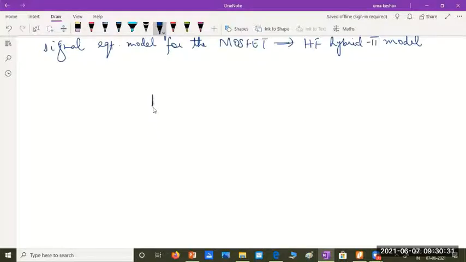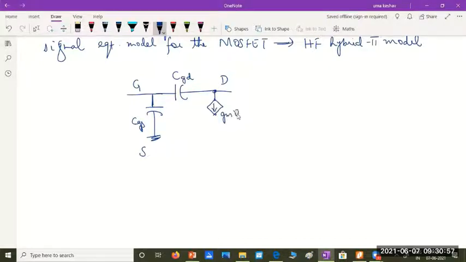It involved one capacitance between the gate and the source, CGS, and one more capacitance between gate and drain, CGD, and this is the drain terminal. At the drain terminal we have, as usual, the dependent current source gm VGS, in parallel with the output resistance ro.